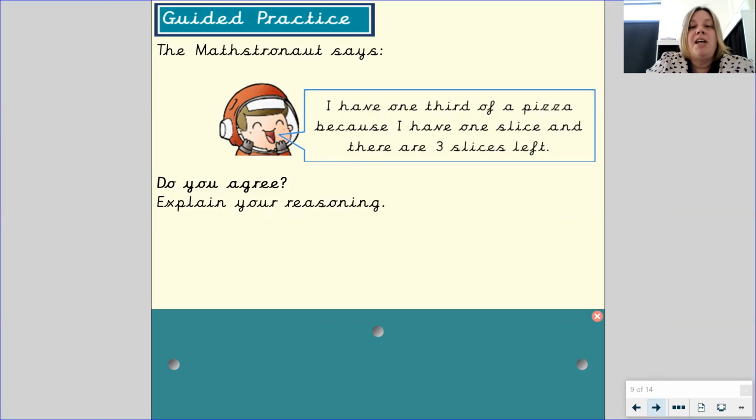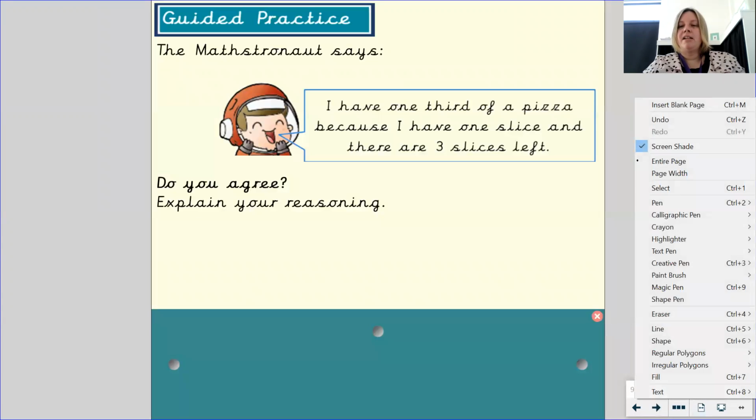The astronaut says, I have 1/3 of a pizza because I have 1 slice and there are 3 slices left. Do you agree? Explain your reasoning. So let's have a look at our problem.